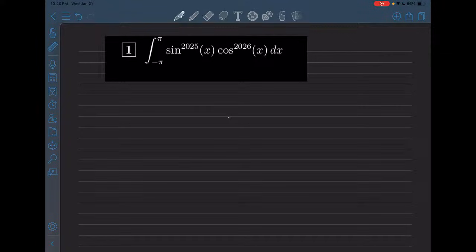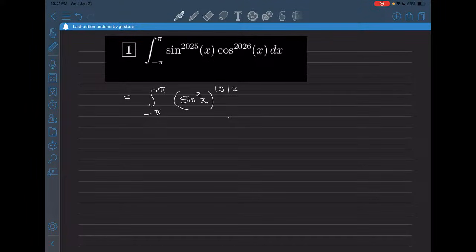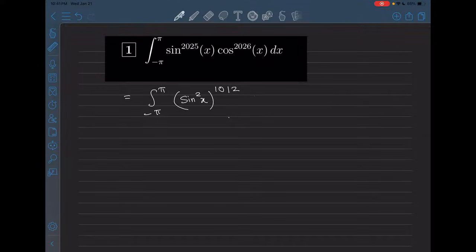Okay. So what you can probably do is write the sine thing as sine square x to the power 1012. So this is sine to the power 2024, and then cos 2026 x with the sine x dx, right?